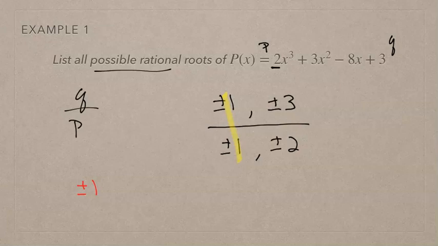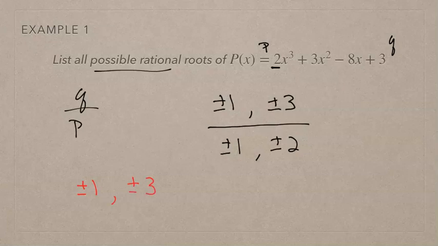Then we go to 3 over 1. 3 divided by 1 is 3, and 3 divided by negative 1 is negative 3. So our possibilities for that are plus 3 and minus 3.